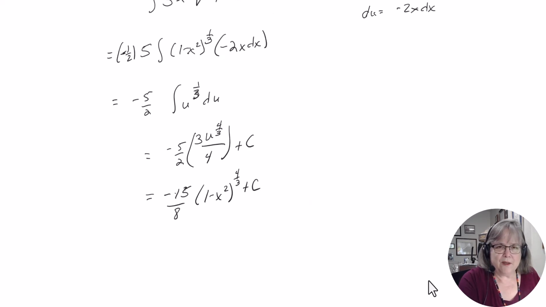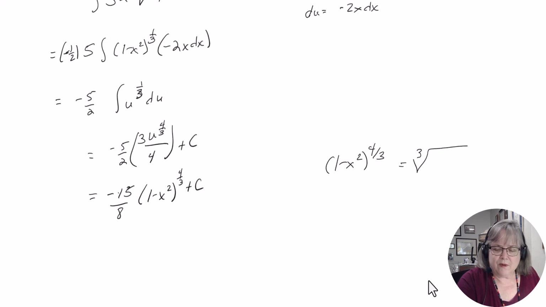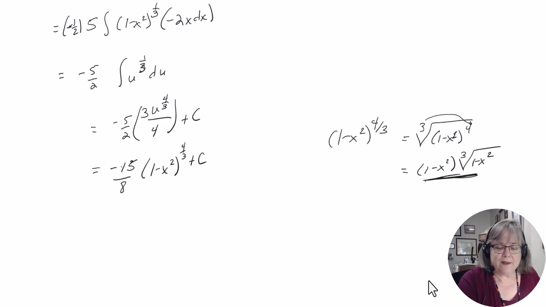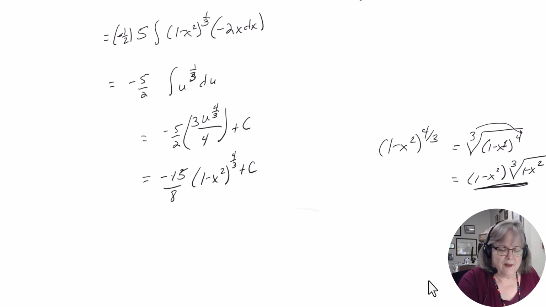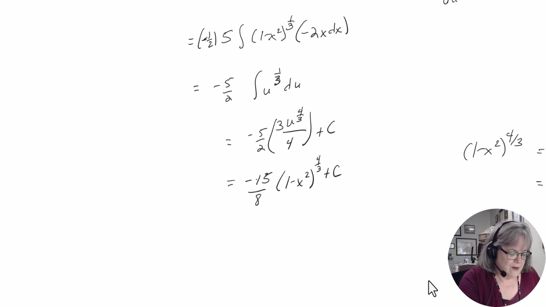Now, some teachers will let you stay there, because technically 1 minus x squared to the 4/3 is the cubed root of 1 minus x squared to the 4th, and 3 goes into 4 one time with 1 left over. So technically this is how 1 minus x squared to the 4/3 cleans up. And I don't know if your teacher wants you to do that or not, but if they do, that's what you do.